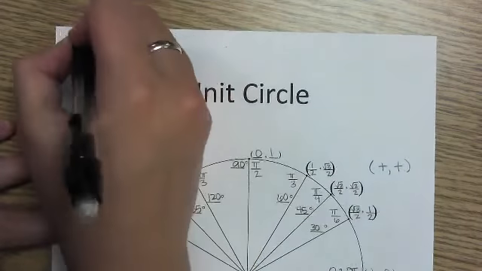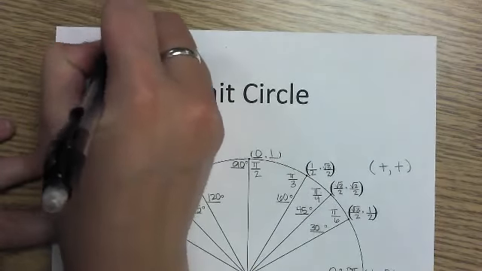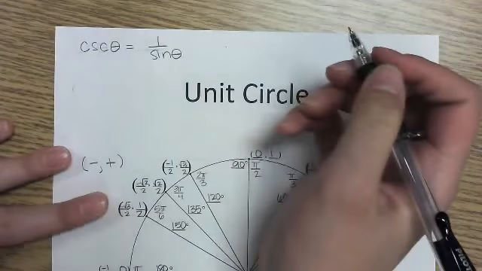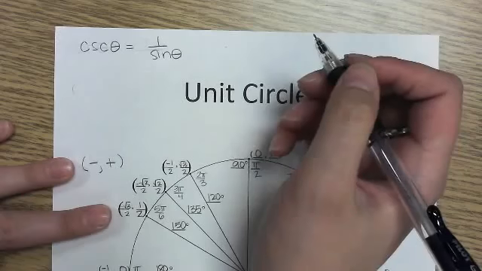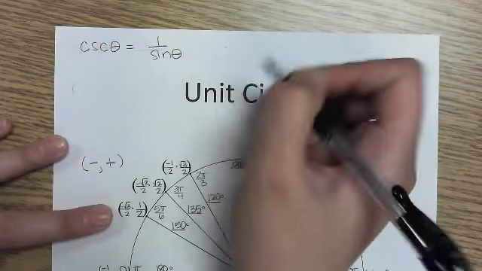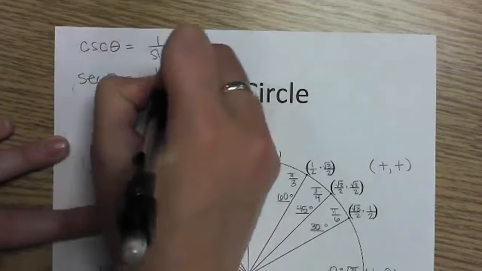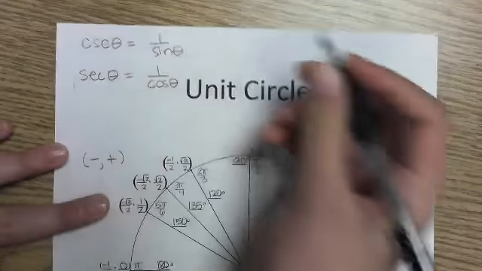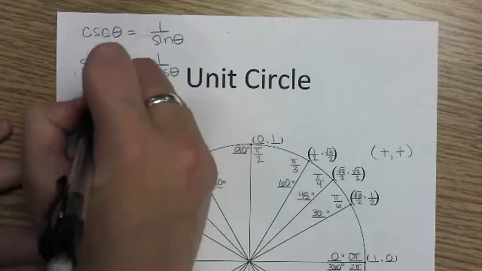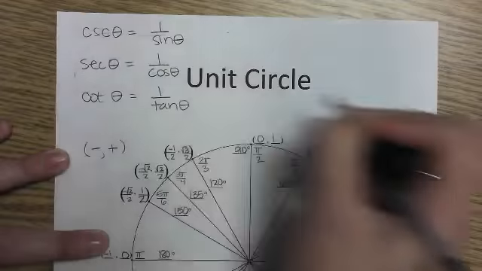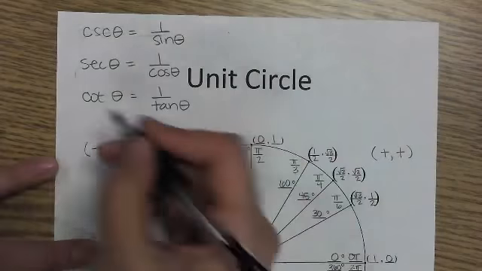So if I want to know what cosecant is, it's 1 over sine, which means that all I should do is take whatever ratio I have for sine and I should flip it. If I want to know what secant theta is, all I have to do is flip cosine. And if I want to know what cotangent is, all I have to do is flip tangent. Alright, so those are good to remember as well.